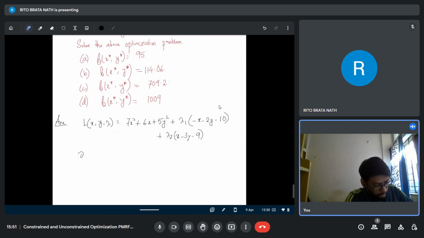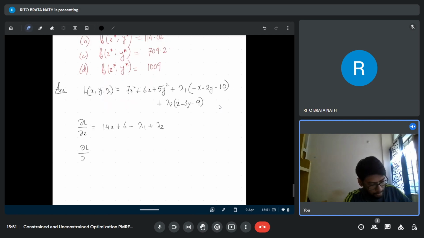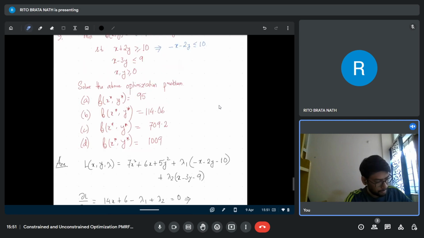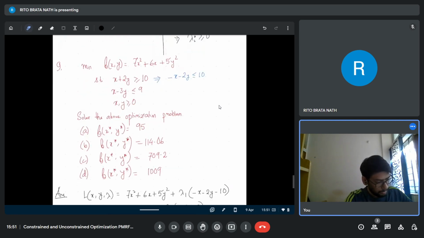Okay, so now you can take the derivative with respect to x, so that becomes 14x plus 6 minus lambda 1 plus lambda 2, and with respect to y, this is 10y minus 2 lambda 1 minus 3 lambda 2. So you can set these two to zero, so that might give you some expression in terms of x and y.